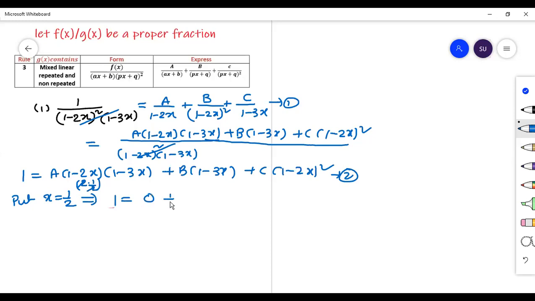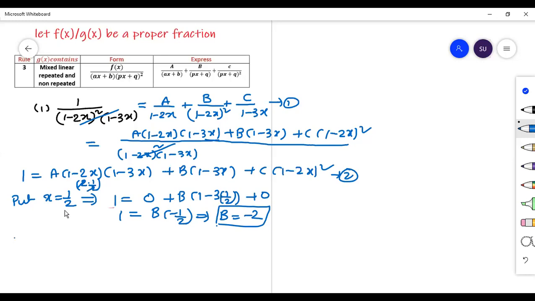This is 0 plus B into (1 minus 3 into 1 by 2). Again this is 0. So 3 into 1 by 2 is 3 by 2. 1 minus 3 by 2 is 2 minus 3, that is minus 1 by 2. That implies B is equal to minus 2. Correct? B is equal to minus 2.